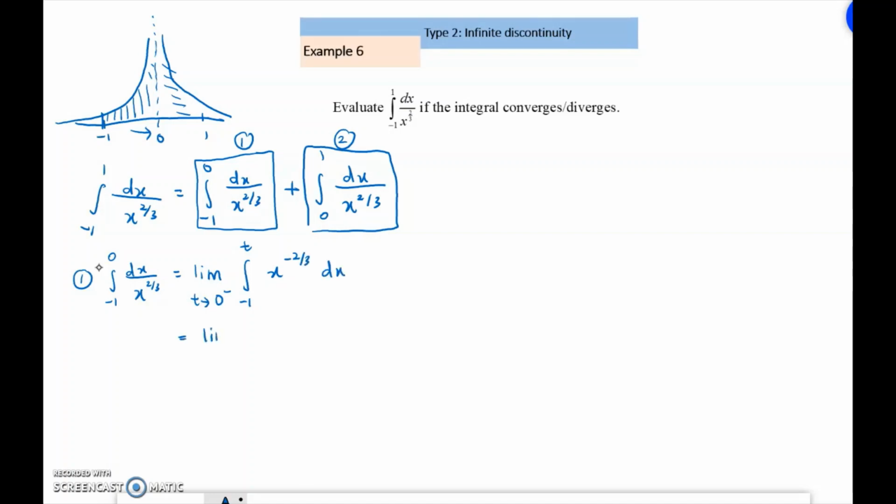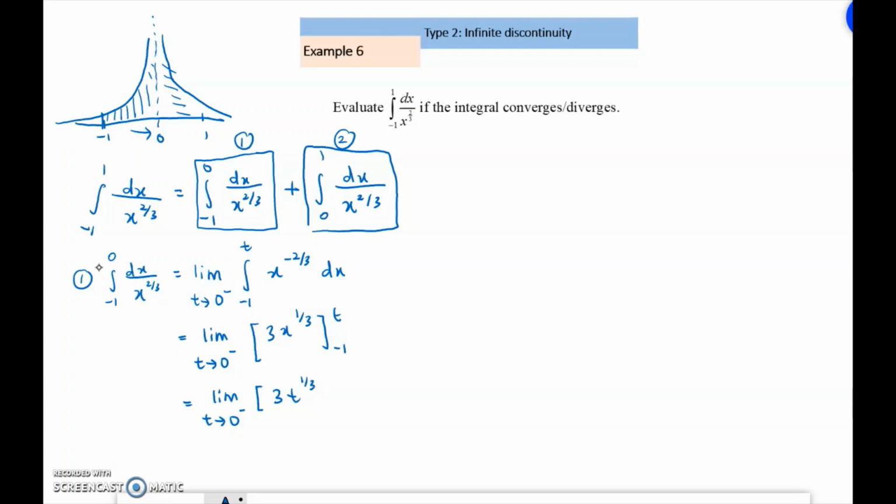Then we can solve the integral. This will be x to the power of 1/3 divided by 1/3. So we have 3x^(1/3), where the limit is from -1 up to t. Then we substitute into the answer.